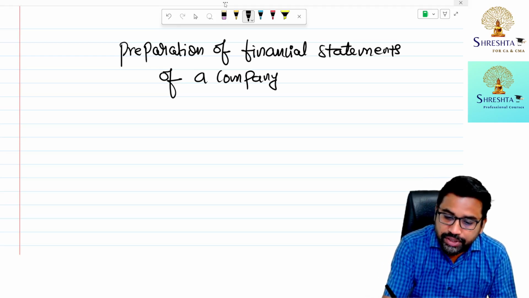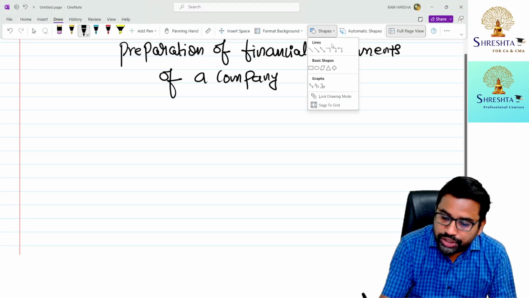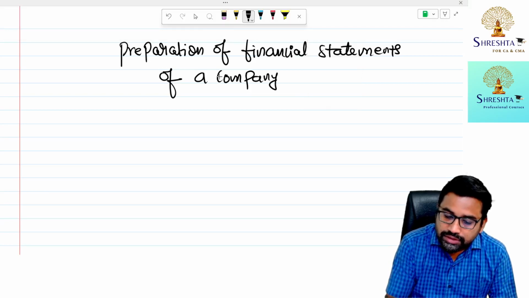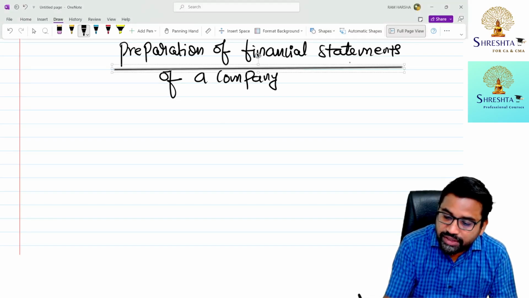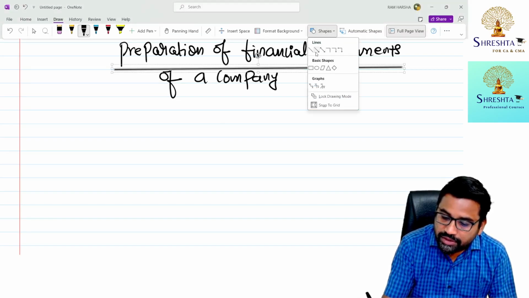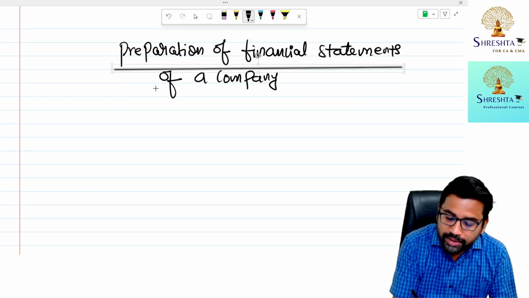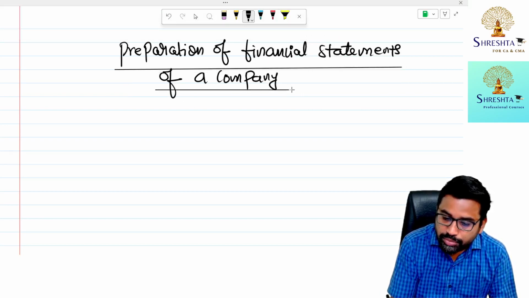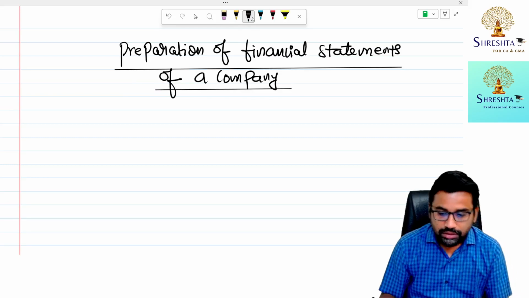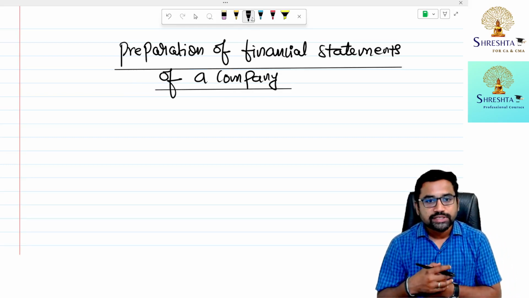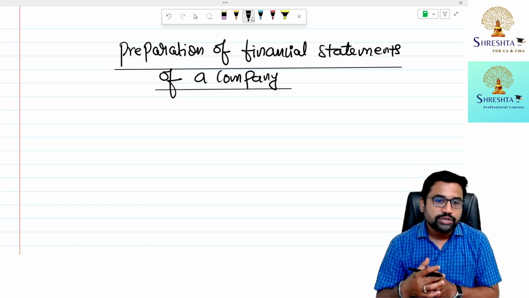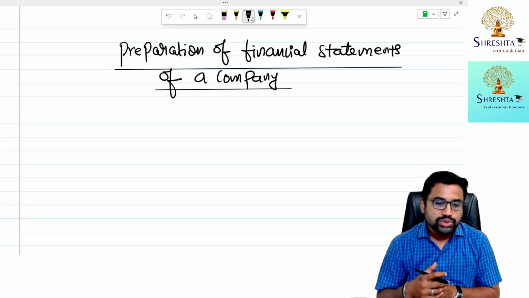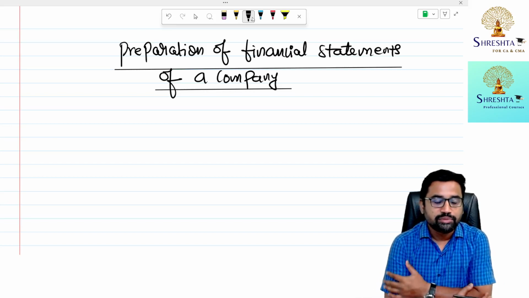Now in this chapter what we are going to cover is the preparation of financial statements of a company. How to prepare the financial statements of a company. This chapter is of paramount importance because financial statements are used in almost all kinds of financial decision making.